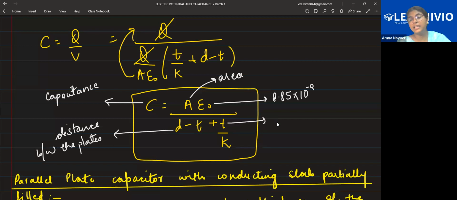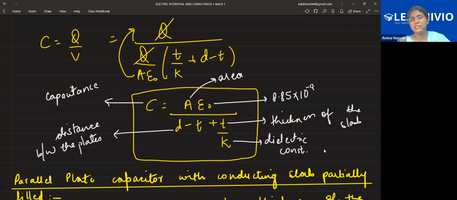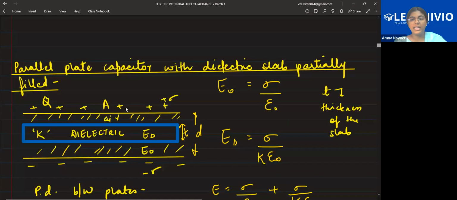T is the thickness of the slab. And what is K? K is the dielectric constant. So this is the formula, and these are the meanings of the symbols which are present. Write down the second derivation too.